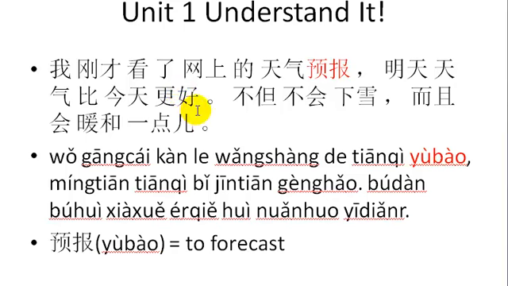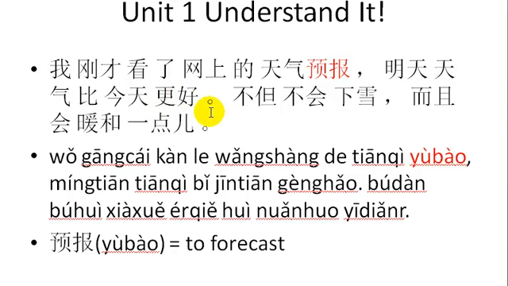And this 好 always applies to A. So in this construction of A 比 B 好, what you're saying is A is better than B. If you say A 比 B 不好, then you're saying A is worse than B. So the adjective at the end always addresses the A item. Okay, so 明天天气比今天更好.